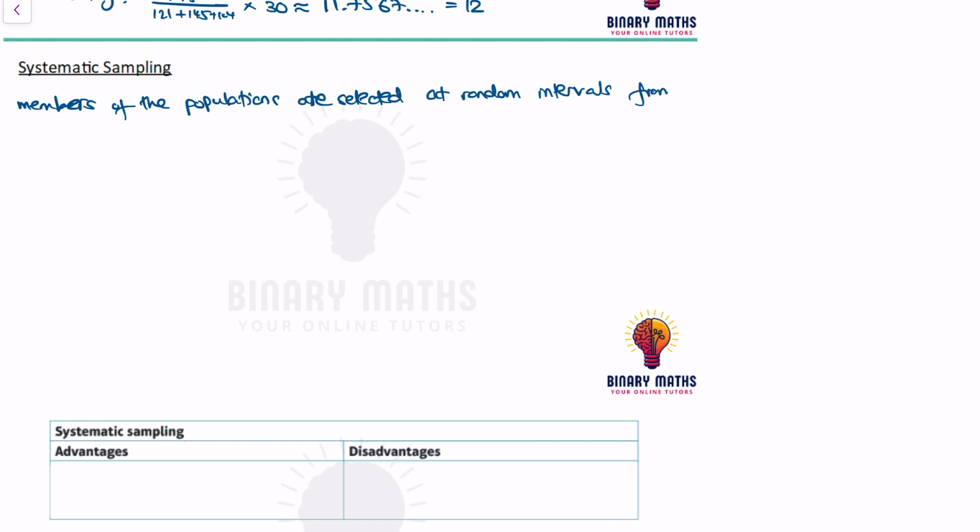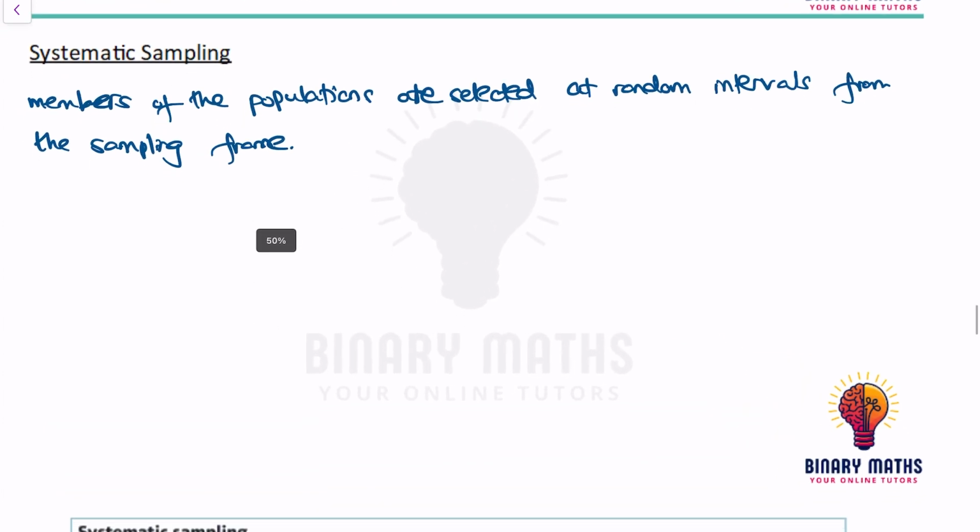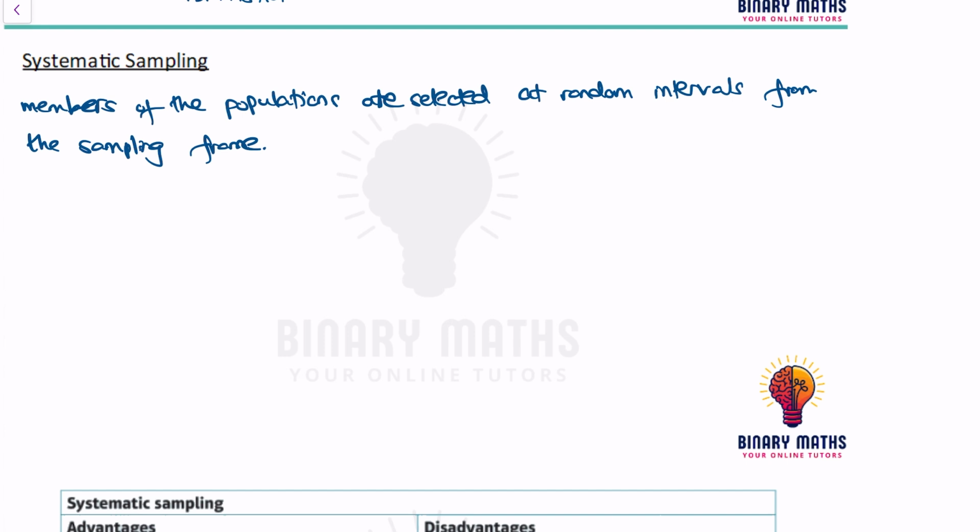From the sampling frame. So again, a random sample needs a sampling frame. So e.g. might be from a list of members of a population, you select every 10th sampling unit.